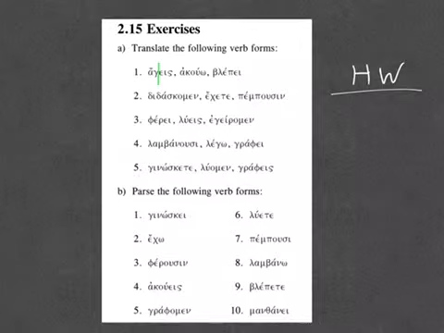So ag would be the lexical morpheme. Now you only need to give me what this is. So, ageis would be what? What is eis? Second person singular, yes.